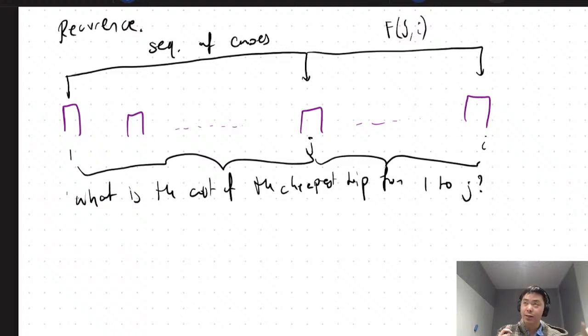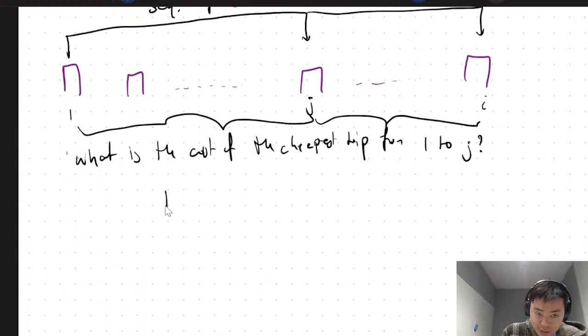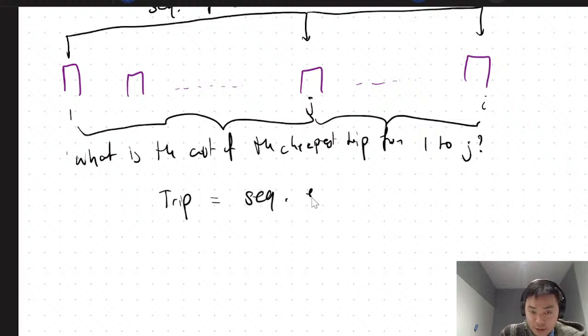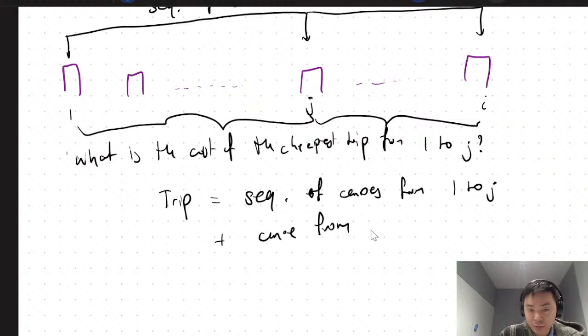That itself will solve the subproblem to go from 1 to i, because we just add on the extra fee where we go directly from j to i. So we can think of the trip as a sequence of canoes from 1 to j plus the canoe from j to i.